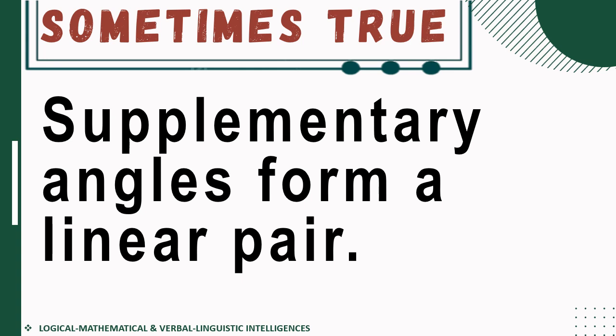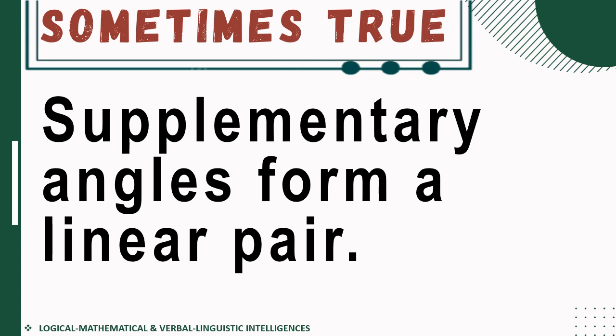It's just that the sum of the two separated angles is equal to 180 degrees. That's why I considered it as supplementary angles. But for us to consider that pair of angles to be linear, it should also be adjacent.